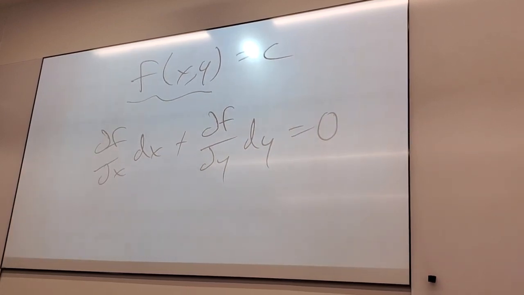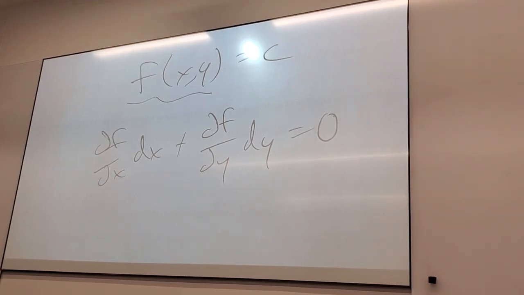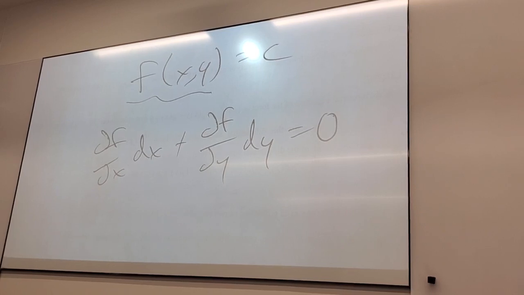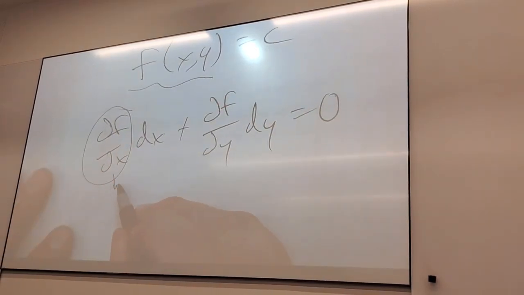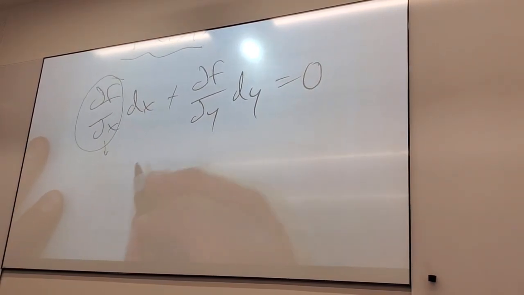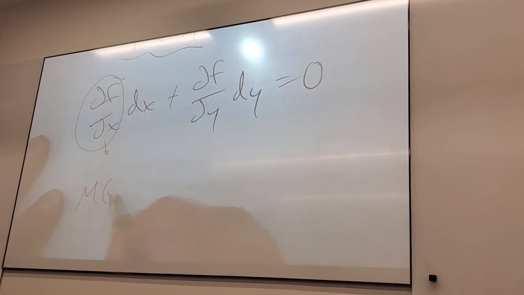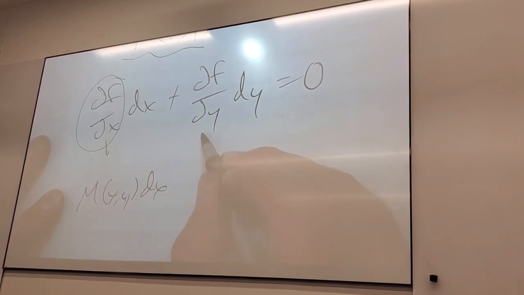That is a total derivative. You have seen this before, you just didn't necessarily write the partial stuff down. This would be exactly exact. What do we call this? We call it M. And what do we call this?